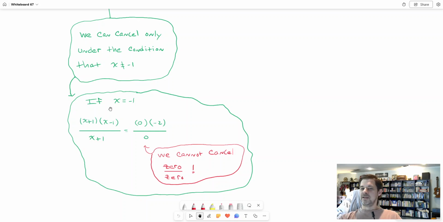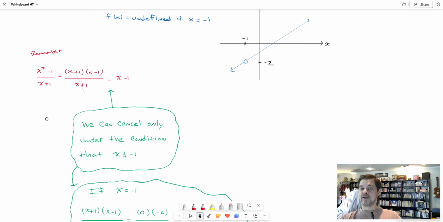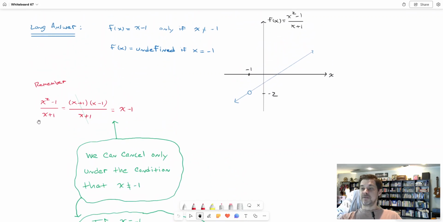But given that under this one condition, this one and only case that the x is -1, that turns out to be 0/0. We can't cancel in that case. So that's why I would say that the function we started with does reduce to this one, but only under the condition that we're not canceling a 0/0, which would happen if the x was -1.